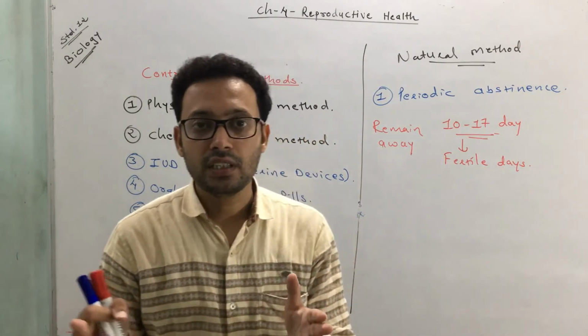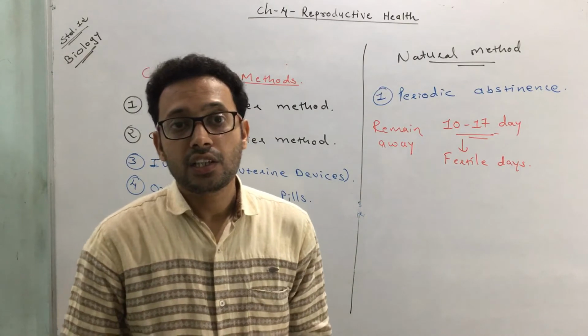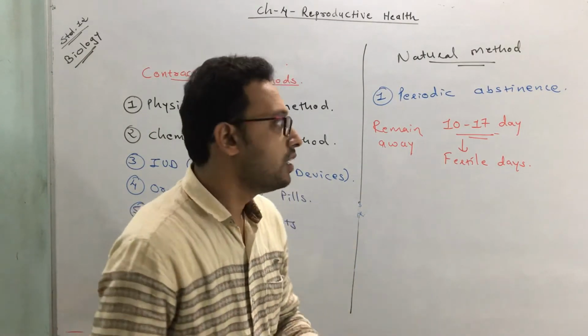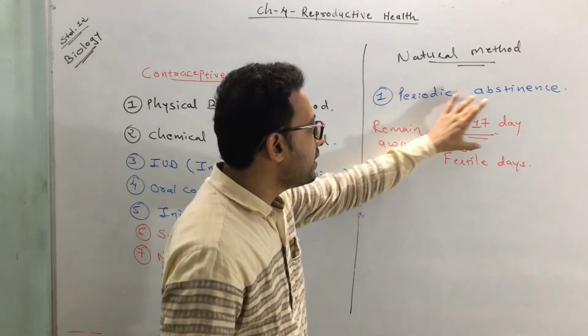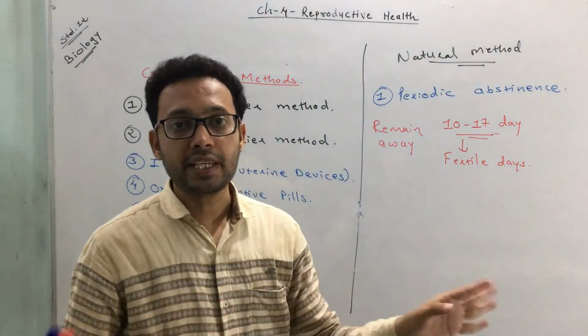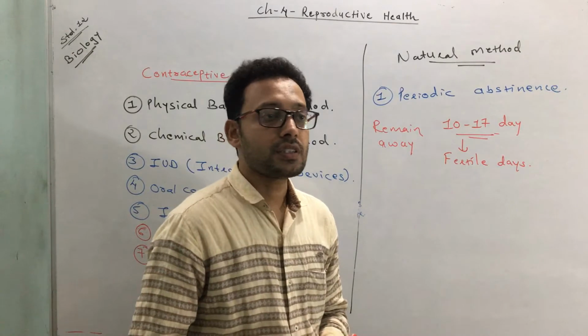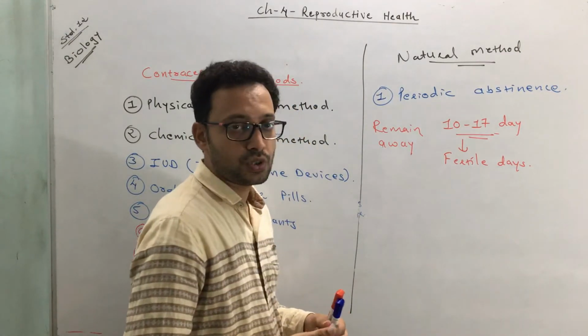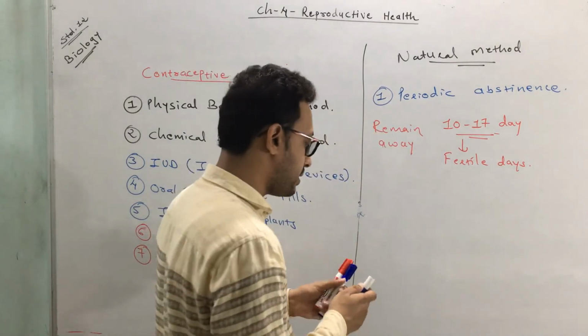These are called fertile days, during which the chances of conception or pregnancy are very high. So in this method, during this period, a couple remains away from coitus or sexual intercourse. This is called periodic abstinence.